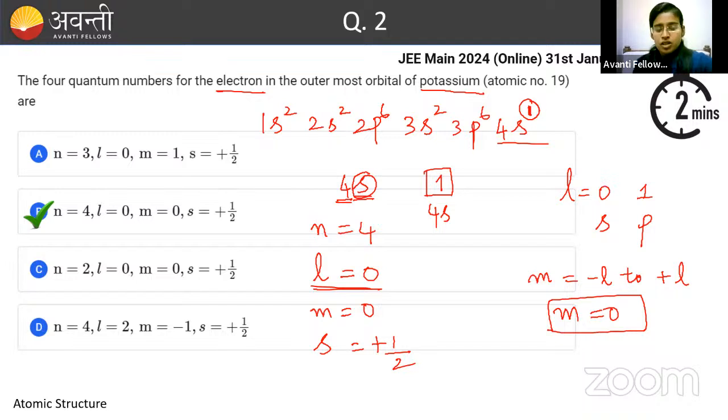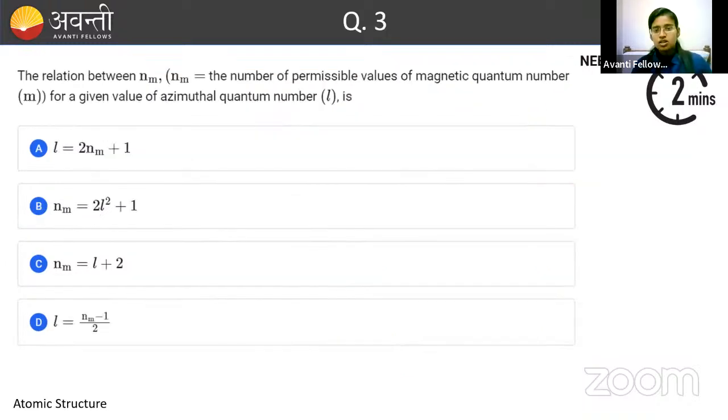The question is here on the screen. The question says: the relation between Nm, meaning the number of permissible values for magnetic quantum number for a given value of azimuthal quantum number, is. So how to find out the magnetic quantum number from the azimuthal quantum number?